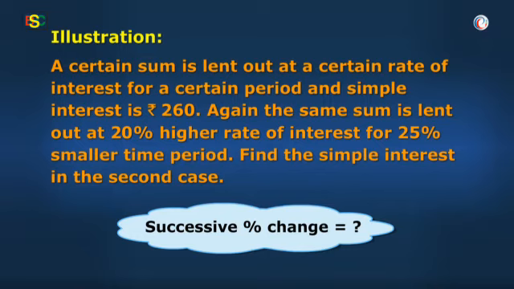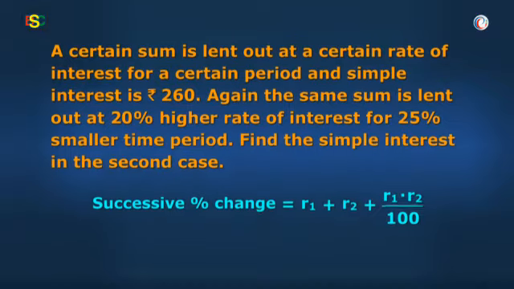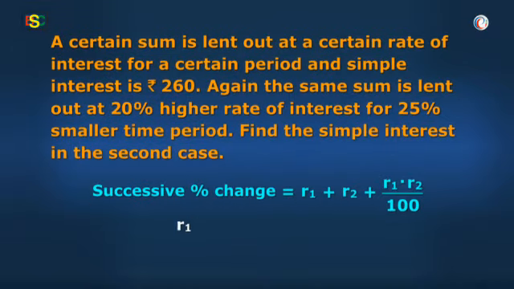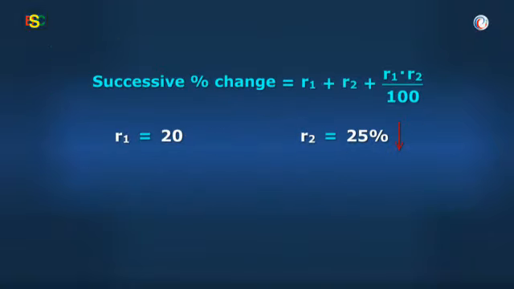You know, we calculate successive percentage change by using the formula R1 plus R2 plus R1 R2 upon 100. And here we have R1 as 20% increase and R2 as 25% decrease, or R1 equal to 20 and R2 equal to minus 25.